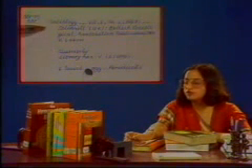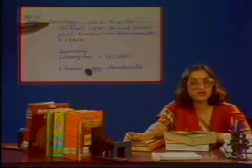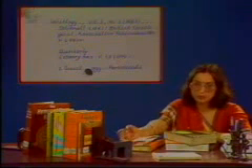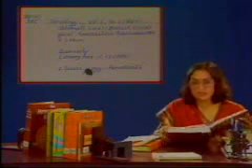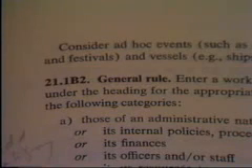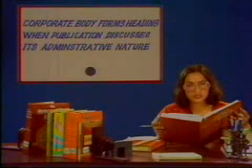Now looking at the main entry card, the heading is made under the title of the journal and not under the corporate body. This is in accordance with rule number 21.1b2 of AACR2, which states specifically about the choice of headings for periodicals, that when the publication is of an administrative nature dealing with the corporate body itself, only then the heading should be under the name of the corporate body.